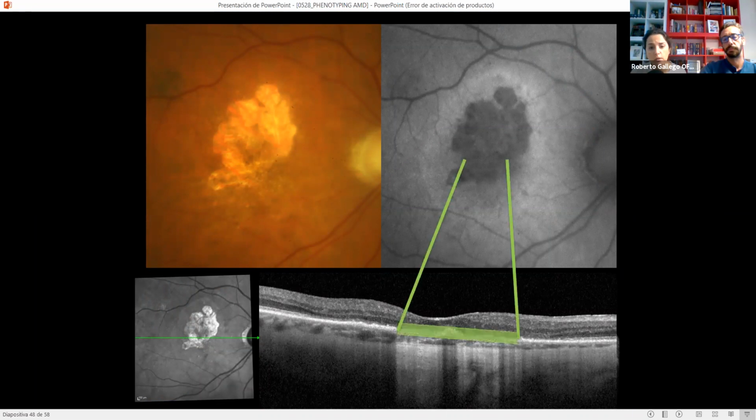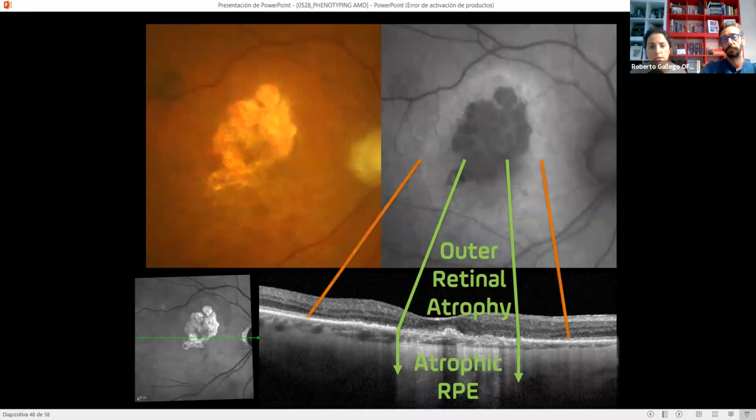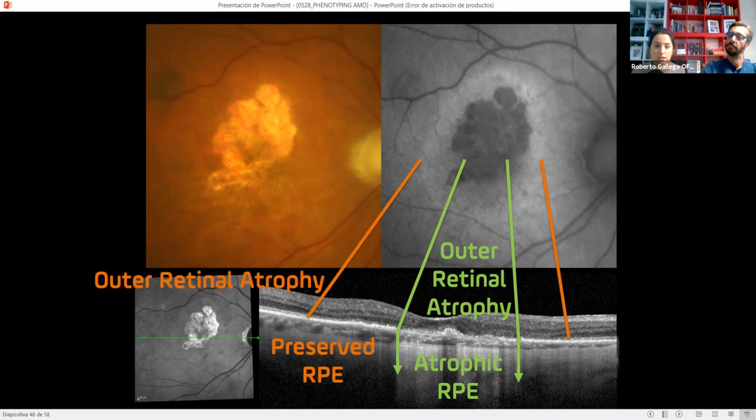But if we look around these areas of hypoautofluorescence, we will see that there are areas of hyperautofluorescence. And normally we see that kind of feature in the autofluorescence when we have missing tissue in the retina. So only the outer retina is missing. So that's an unmasking effect. We see more of the hyperautofluorescence of the RPE.